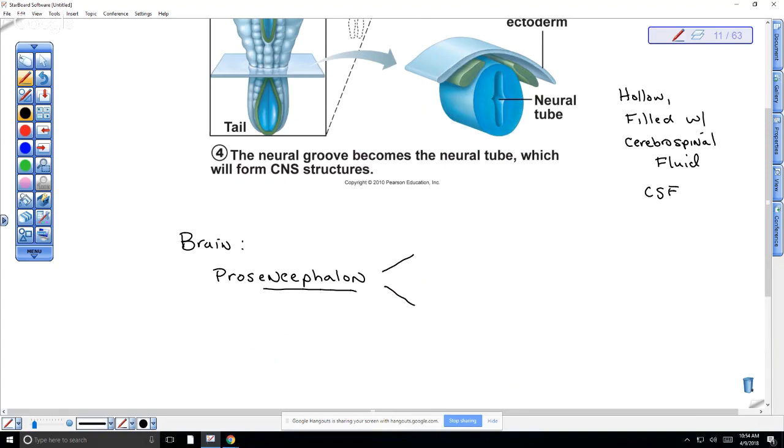The one at the very end is called the telencephalon. This is going to become our cerebral hemispheres. This is the biggest part of our brain; 80% of our brain is in the cerebral hemispheres. It's very big, and during embryonic development it has folded back in on itself. There is another part of the prosencephalon, which is called the diencephalon.